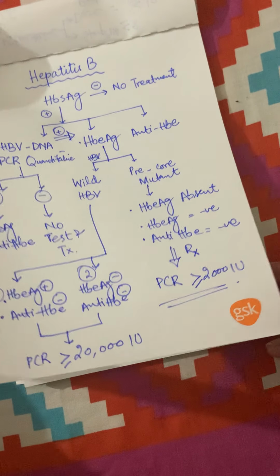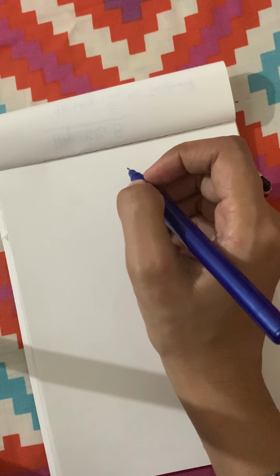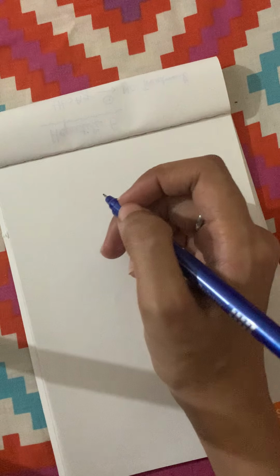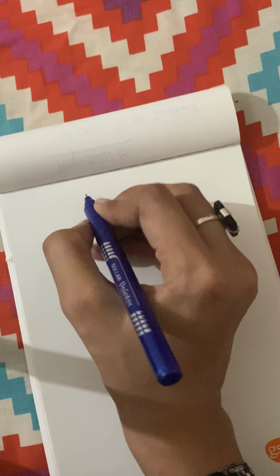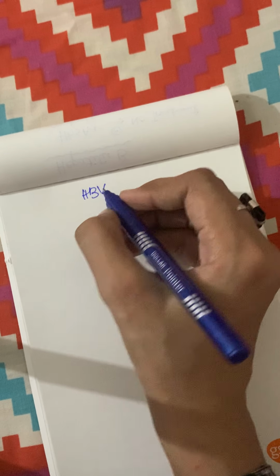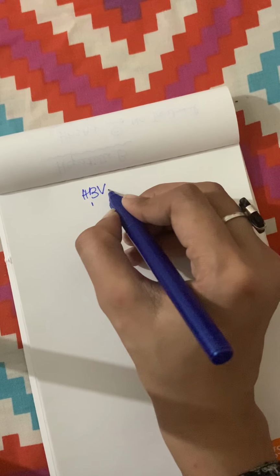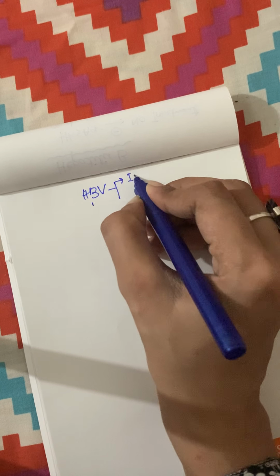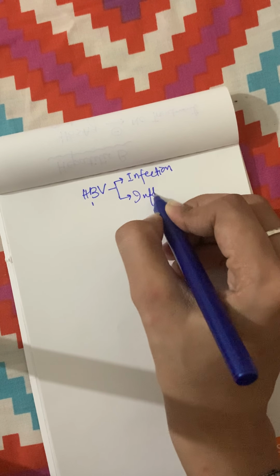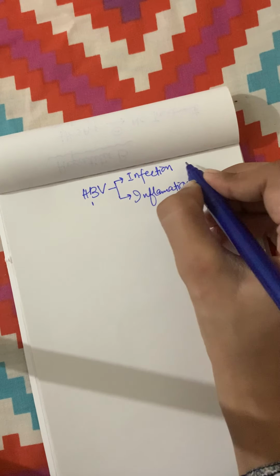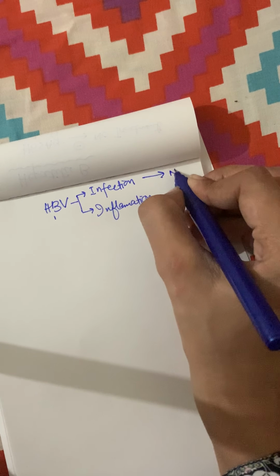So this was based on the clinical tests and viral markers. There are other criteria. We also have to see the LFTs and ultrasound abdomen. First of all, we need to understand that in the case of hepatitis B virus, there could be two possibilities: infection and inflammation. We do not treat the infection.